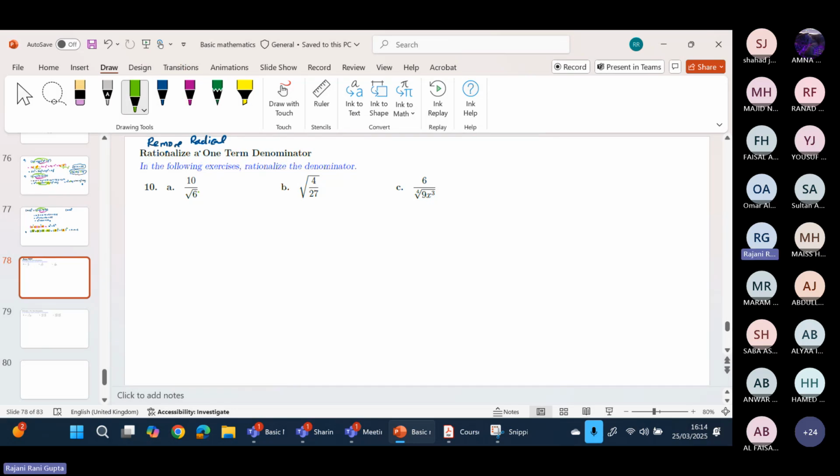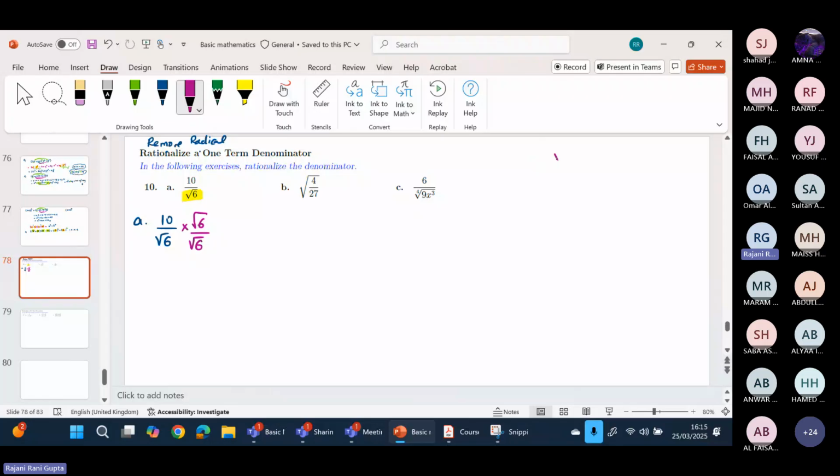So to remove this, it means you don't need root 6 in the denominator. It may be possible that you have it in the numerator. So for that, since it's only root 6, multiply numerator and denominator by root 6.